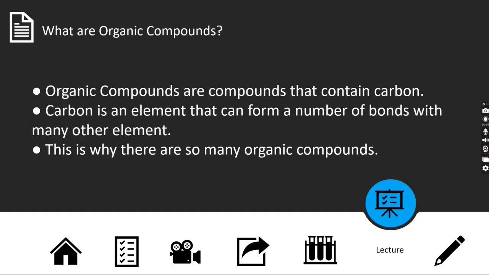This is why there are so many organic compounds, because carbon can make 4 bonds. If you go forward to take chemistry, you'll know why. We're not going to worry about that here because I don't want to make you cry, but carbon can make 4 bonds. That's why it's so versatile. That's why carbon is considered the element of life. Because of carbon-based life forms, I'm sure you've heard that in documentaries somewhere, carbon is very versatile because it can make 4 bonds.